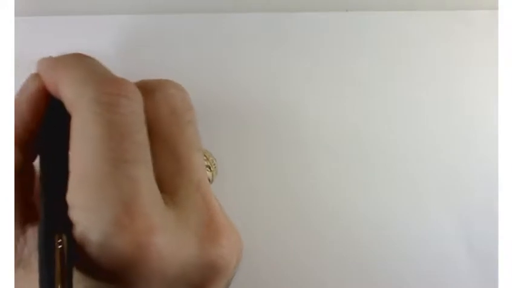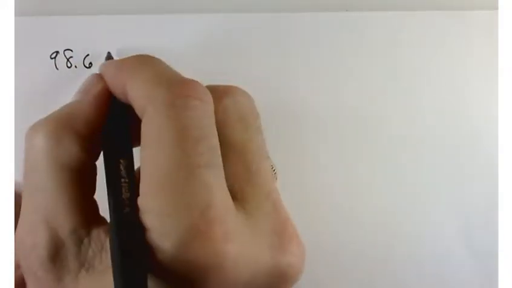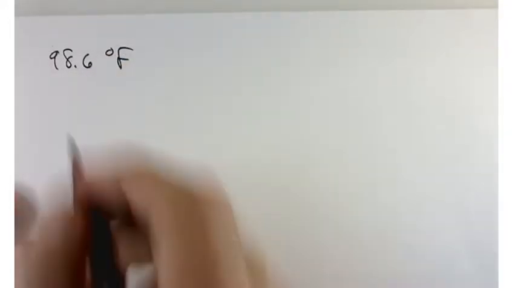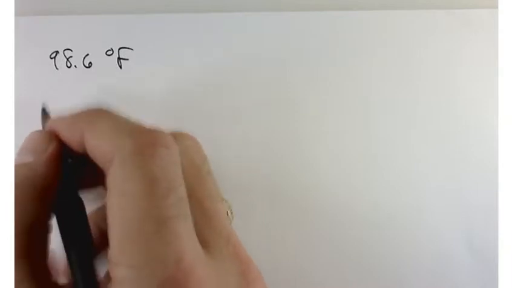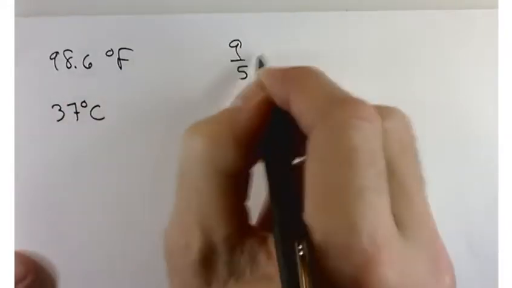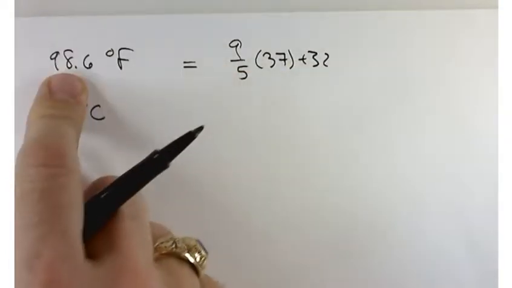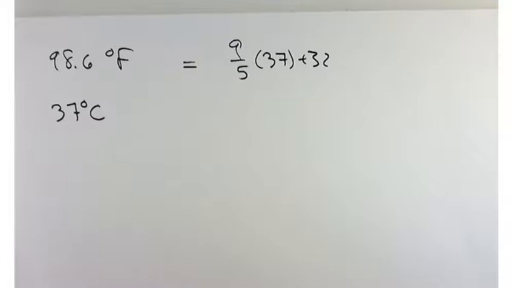Now, the thing is, the body temperature that we're familiar with, 98.6, that sounds pretty precise, right? 98.6, that's in degrees Fahrenheit. Well, this German physician did his work in degrees Celsius. He came up with 37 degrees Celsius. And if you convert this, 9/5 times 37 plus 32, that's where you get this seemingly artificial precision of the 0.6.